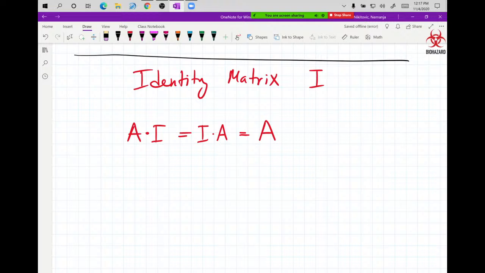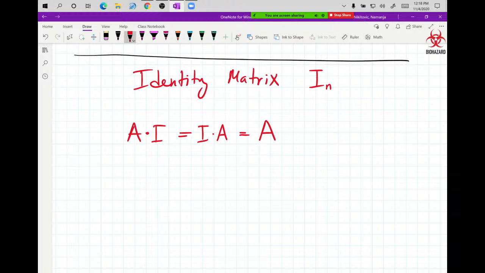but for matrices. And what it actually is, is the number 1 along the diagonal of a matrix. And one thing is that it's always a square matrix. So we would say I_N like this.